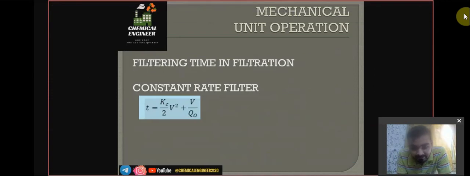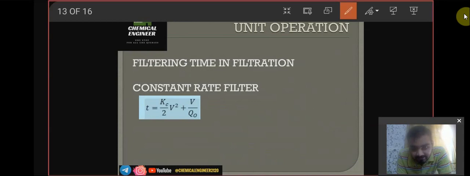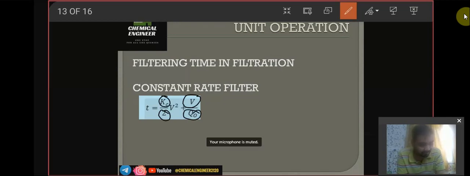Next we have filtering time. Filtering time is the time required for a constant rate filter to filter one batch of volume V. Q naught is the initial flow rate, and Kc by 2, where Kc is nothing but a constant.